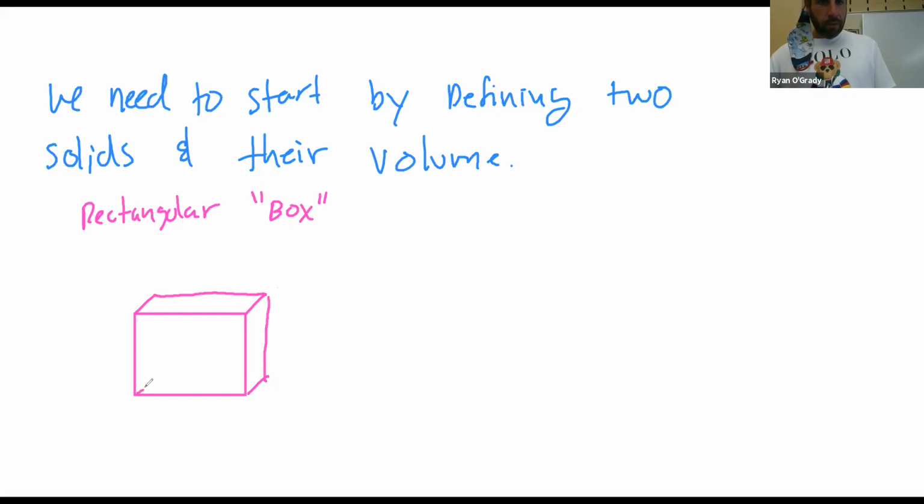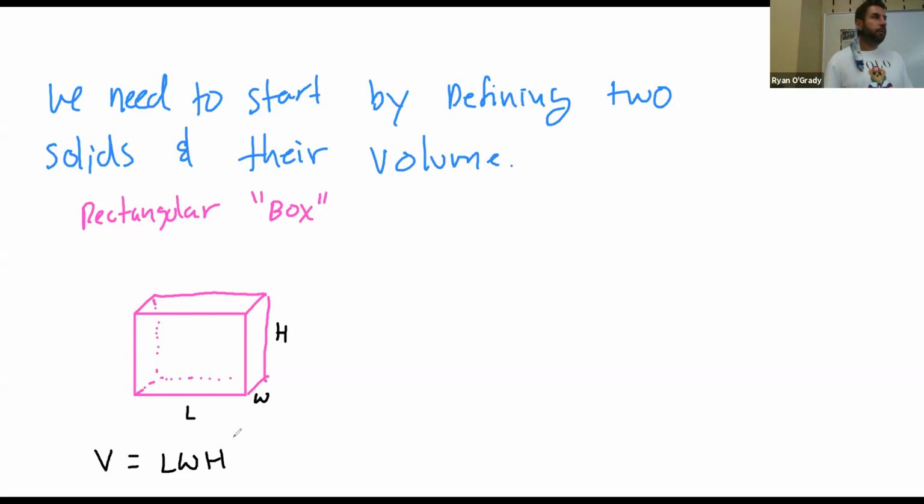And so we can try to add some perspective to it. If we give it some dimensions here, you might say, okay, this has a length, it has a width, and it has a height. And so what is its volume? Its volume is L times W times H. That seems very reasonable. It's a very natural way of defining it.